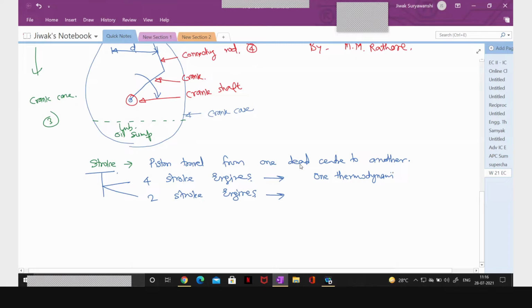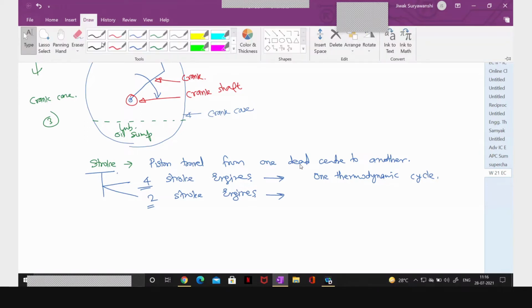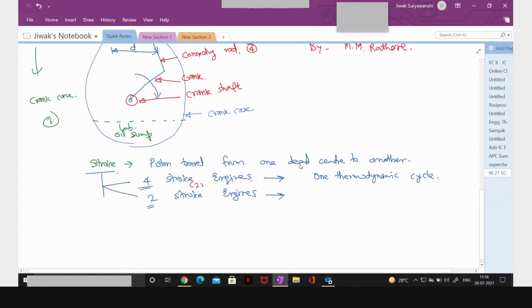Four strokes of the engine means two revolutions of the crankshaft, and a two-stroke engine means one revolution of the crankshaft. So what are those strokes?